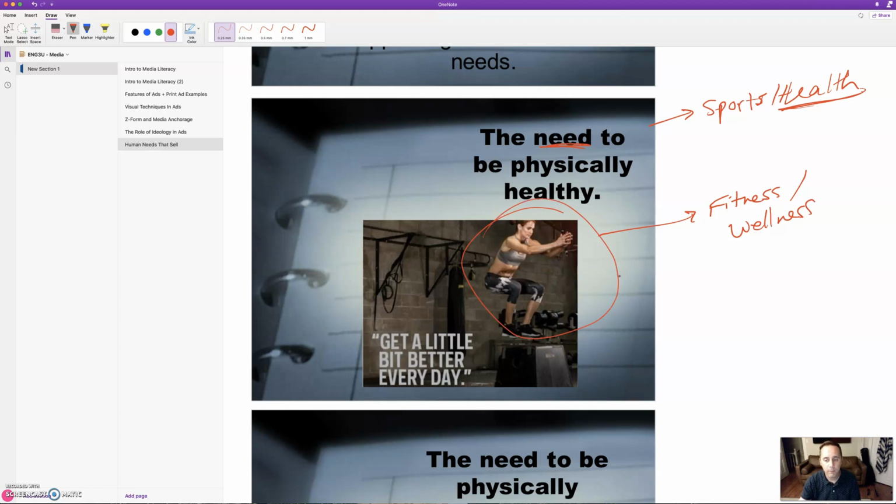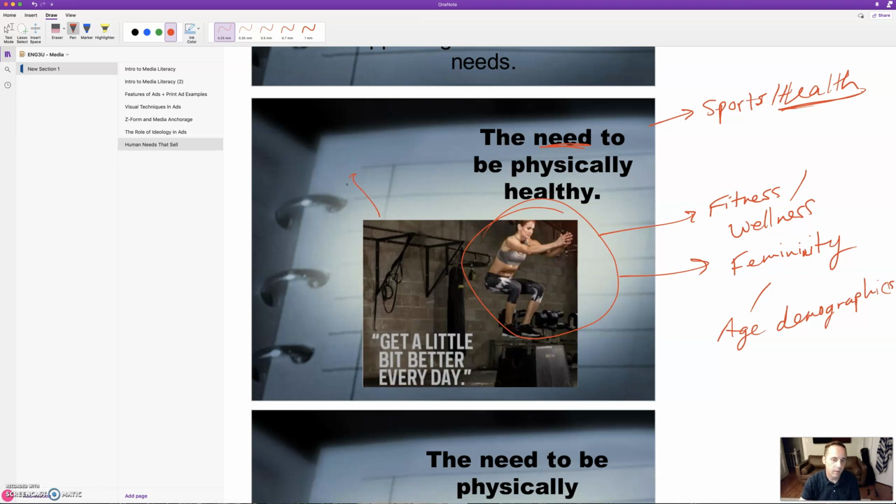We have a female model, so femininity is in there, and she's maybe a little bit older but very fit. So think about your age demographics as well. You've got gender, you've got age. So this might be targeting older people who want to stay fit, stay healthy as they age.